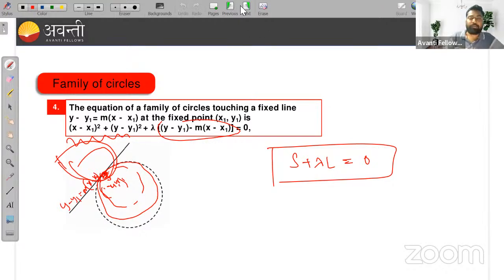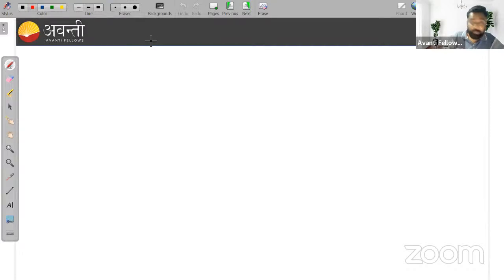Okay, now tell me, this is a JEE Mains 2019 question.